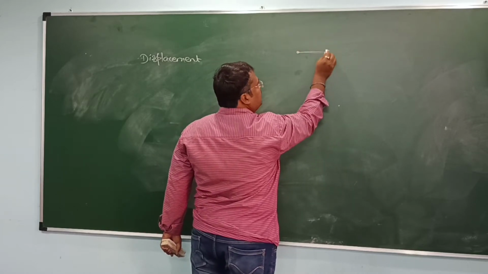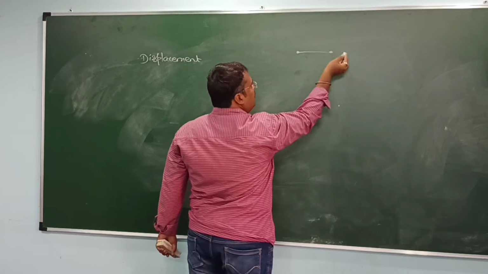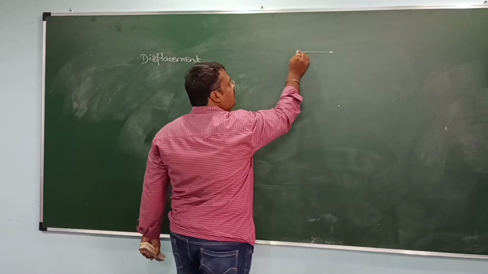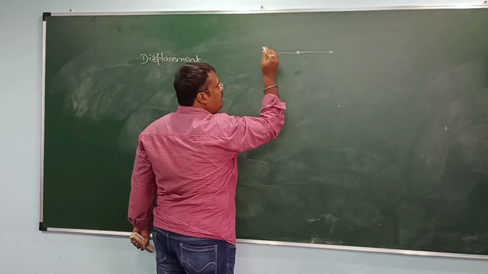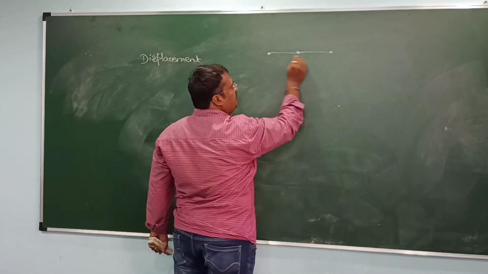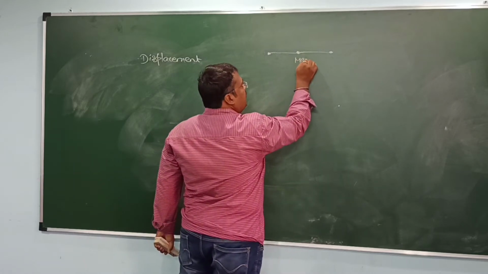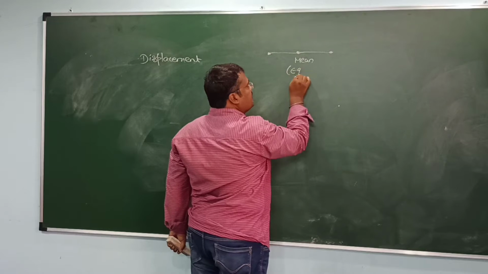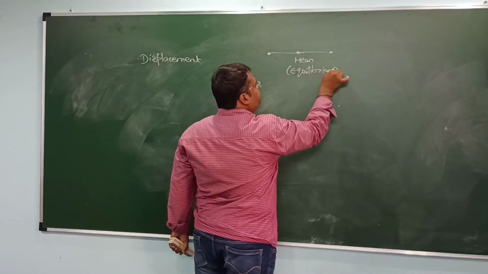About that position, it displaces to one side, and again it comes back, and again it displaces to the other side of this position. So actually three positions exist here. This is the mean position of a particle, also called the equilibrium position of a particle.